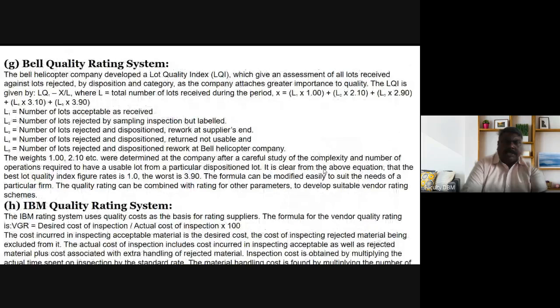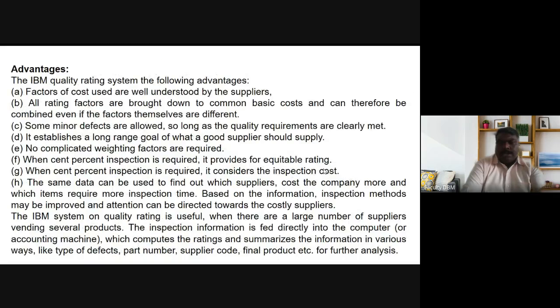But here this is case supportive, that is the Bell quality rating system. It is named so because the Bell helicopter company is using this, and the IBM quality rating system is named so because the IBM people are using this. So these are the 8 different types of rating methods we have in this subject, that is purchases.